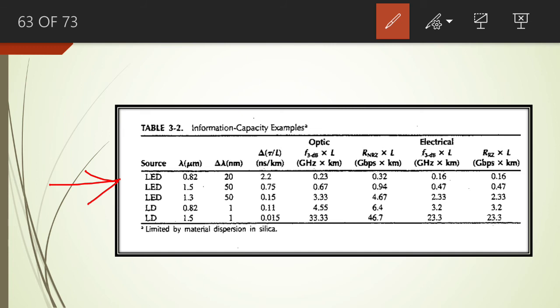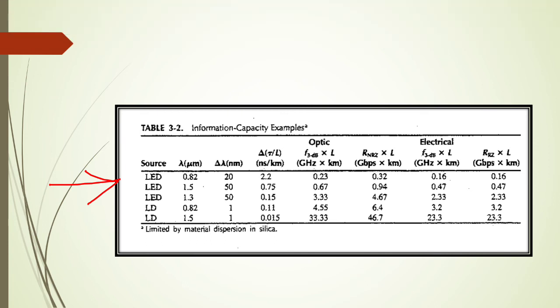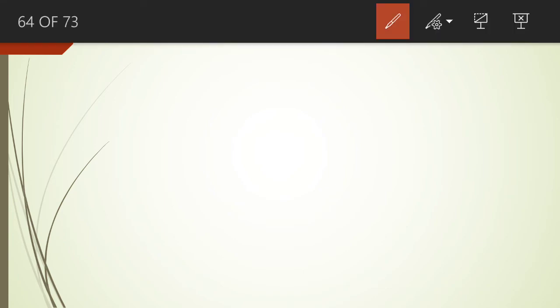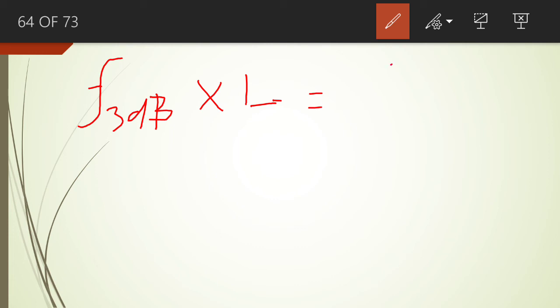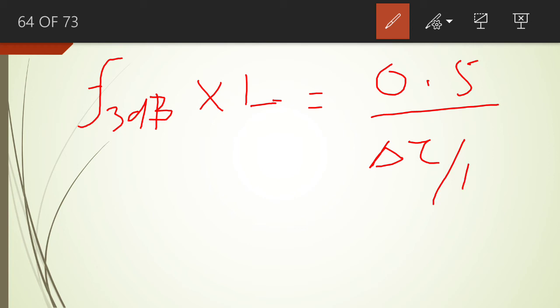So let me calculate F3dB into L optical first. If you remember, F3dB into L, this was optical, was equal to 0.5 divided by delta T per unit length.